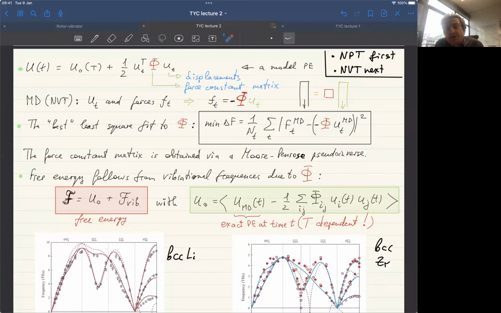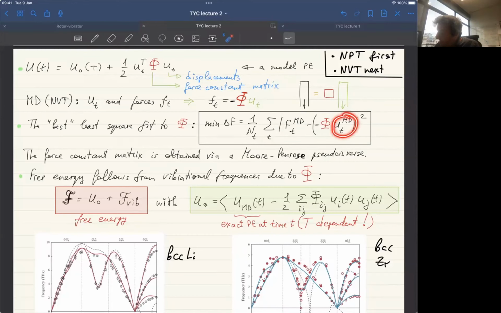So the idea is to determine the best matrix that would minimize, using a least square error function, that expression. So what we have in this expression: here you have actual forces on atoms at each molecular dynamic step, and you sum over all molecular dynamic steps, all times.